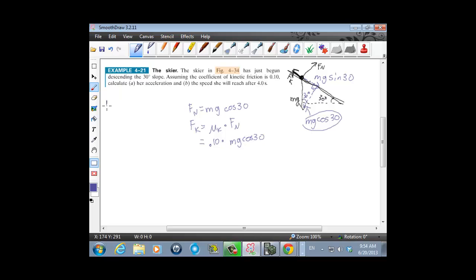So what are my net forces, and what do you want to call positive and what do you want to call negative? It doesn't matter. Let's call going down the slope positive. Down the slope positive, everyone okay with that?